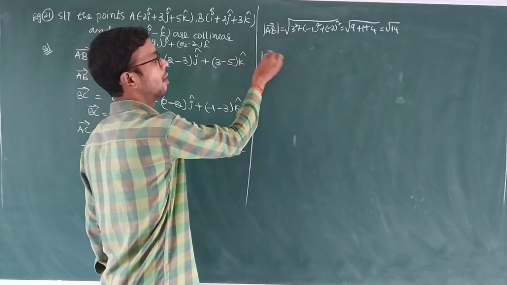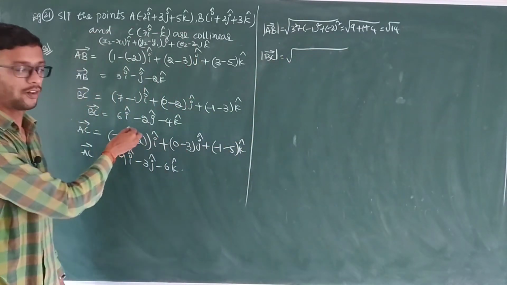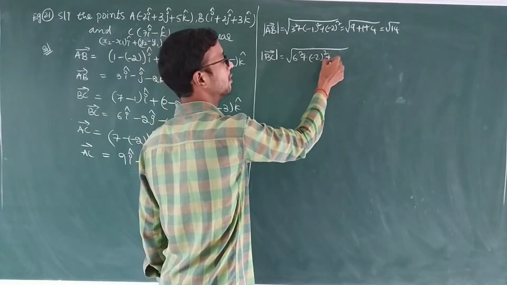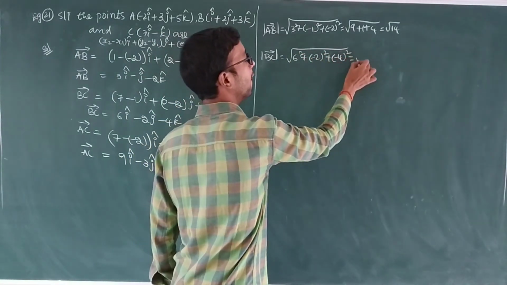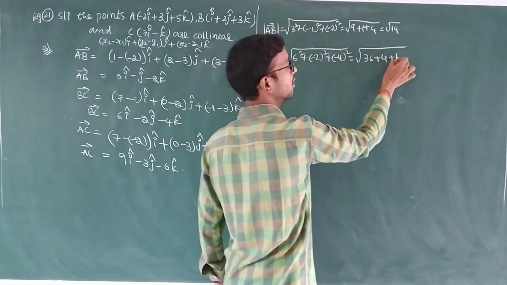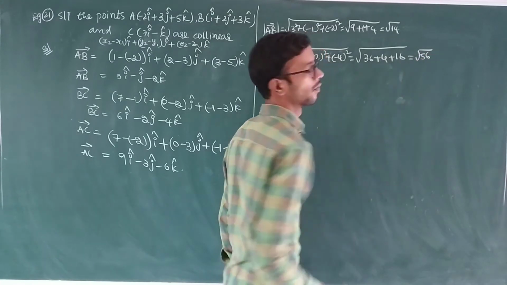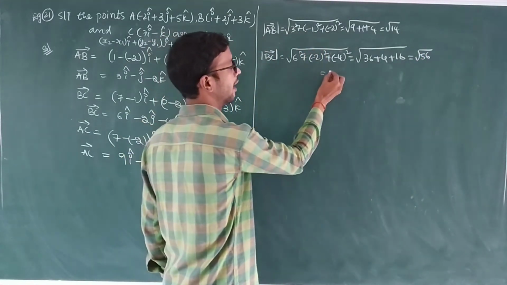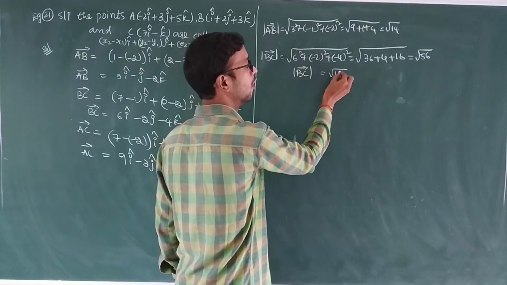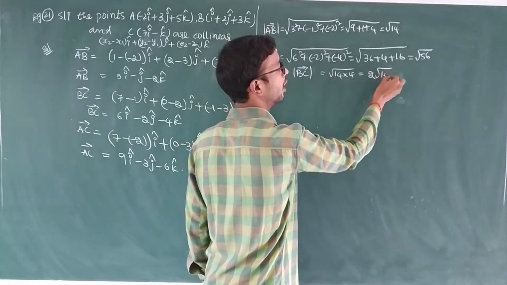Magnitude of BC bar is 6 square plus minus 2 square plus minus 4 square, that is 36 plus 4 plus 16, root 56. 56 is 14 times 4, so we can write 2 root 14.